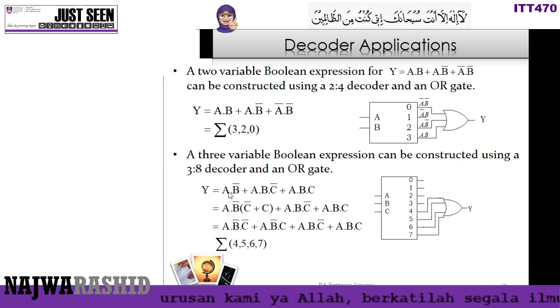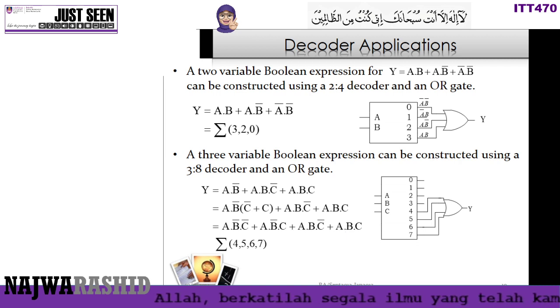So assume AB naught times 1, where 1 comes from C naught plus C, based on the rules of algebra that we have learned in chapter 3. So you expand AB naught times (C naught plus C) plus ABC naught plus ABC. Then when you expand your equation, you will get AB naught C naught plus AB naught C plus ABC naught plus ABC.